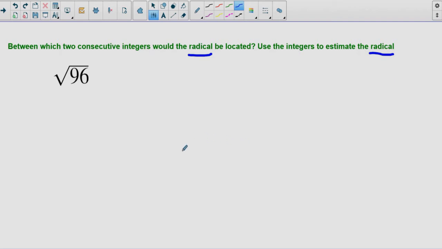So what I can do here is first start by listing at the top of my paper all the perfect squares that I know.